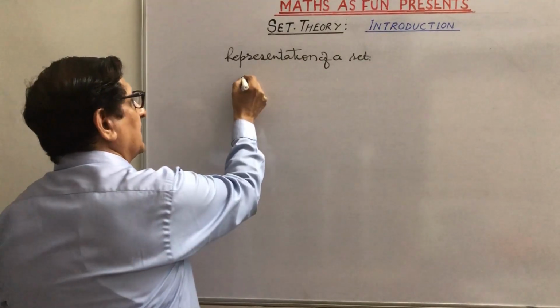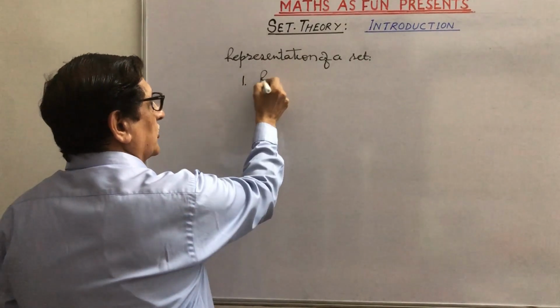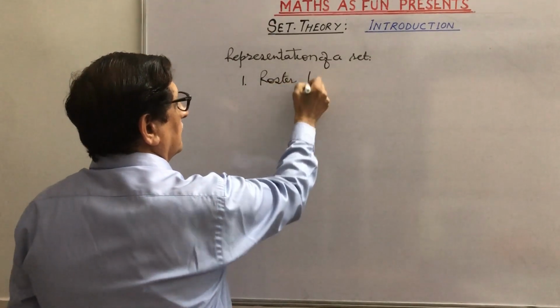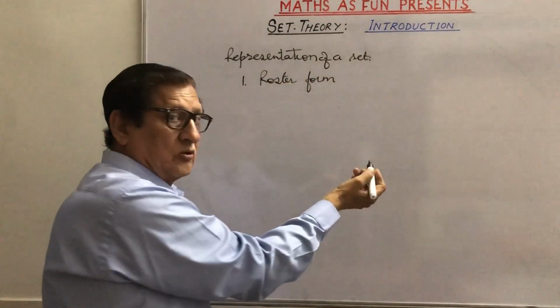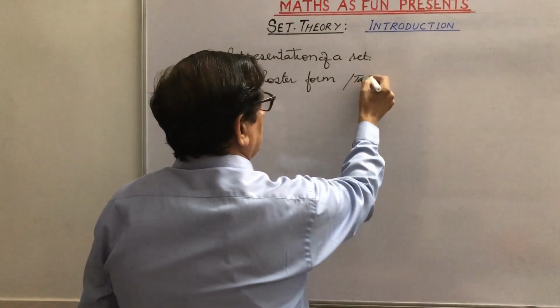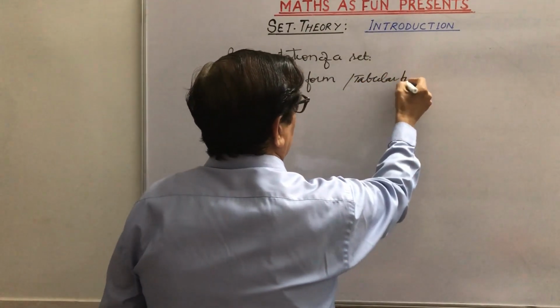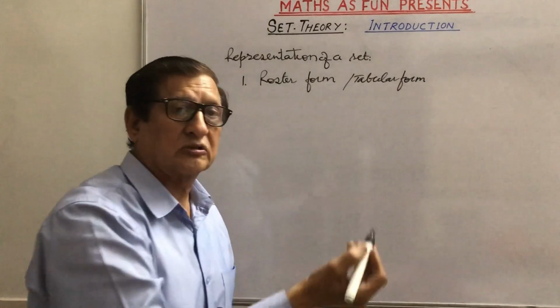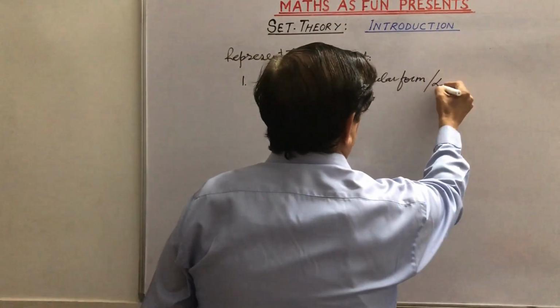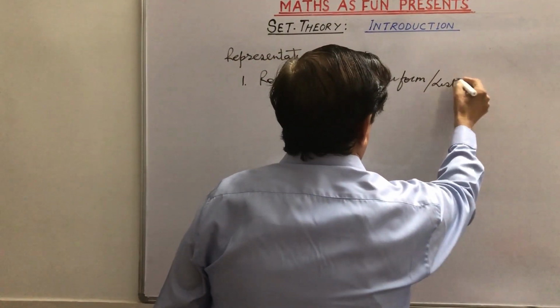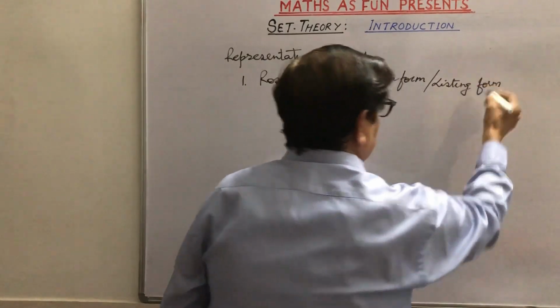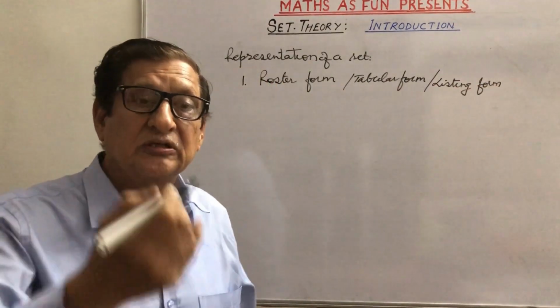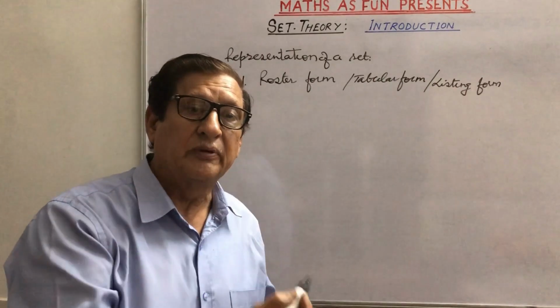The first form is known as the roster form. It is also known as tabular form. And sometimes we also call it listing form. Because in this we are representing the elements in the form of a table or a list.